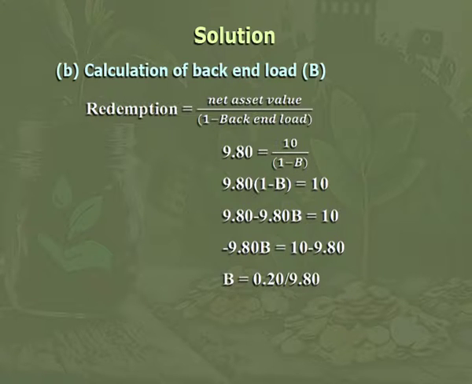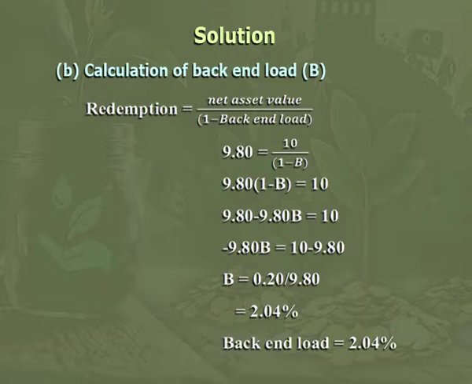Therefore, b is equal to 0.20 divided by 9.80. So, the answer we get is 2.04%. Let's check the other illustration.